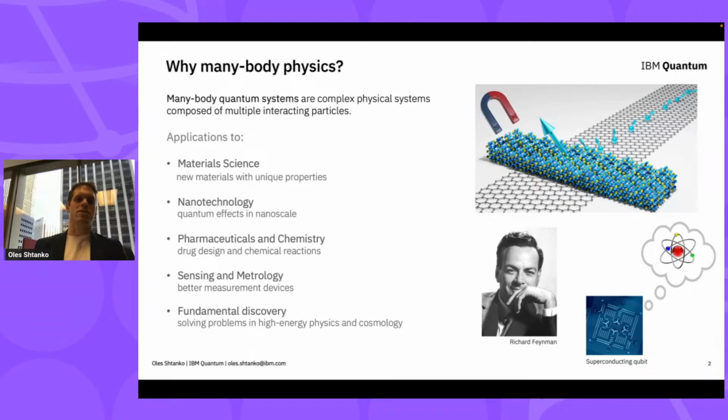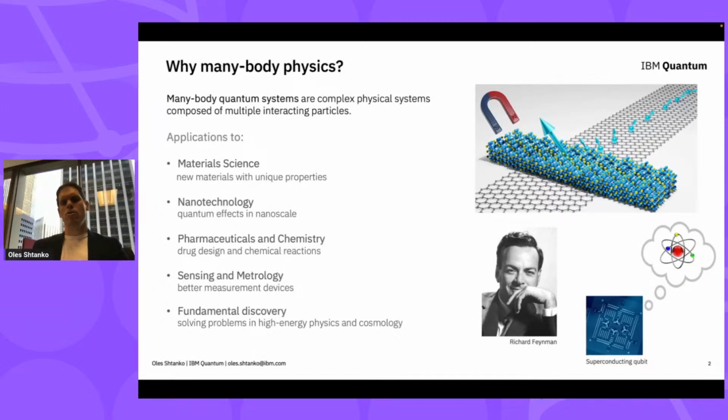So quantum many-body systems is a field of physics which studies the interaction of many particles, such as atoms, molecules, electrons, etc. And therefore, we study nature around us because everything is composed of these particles.